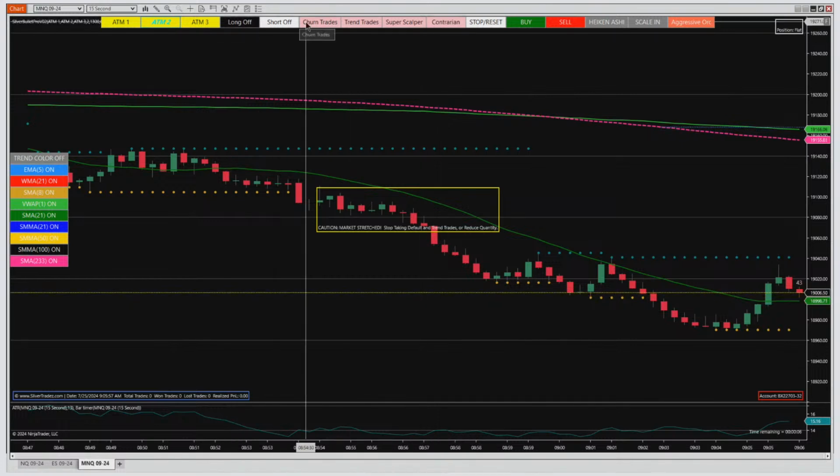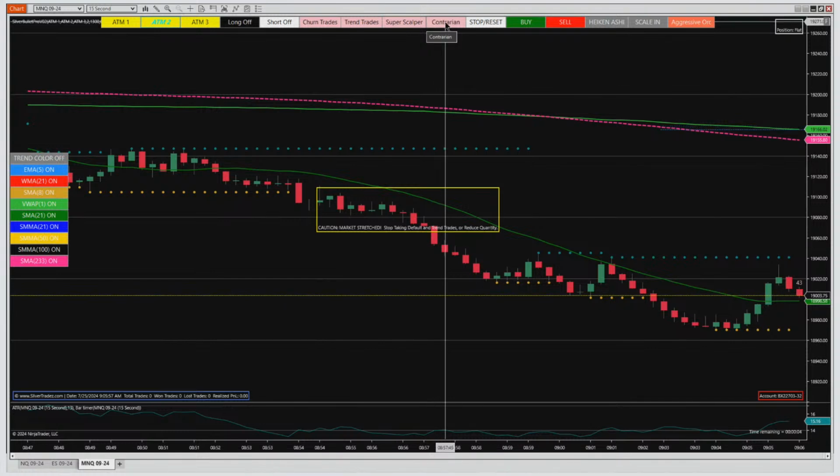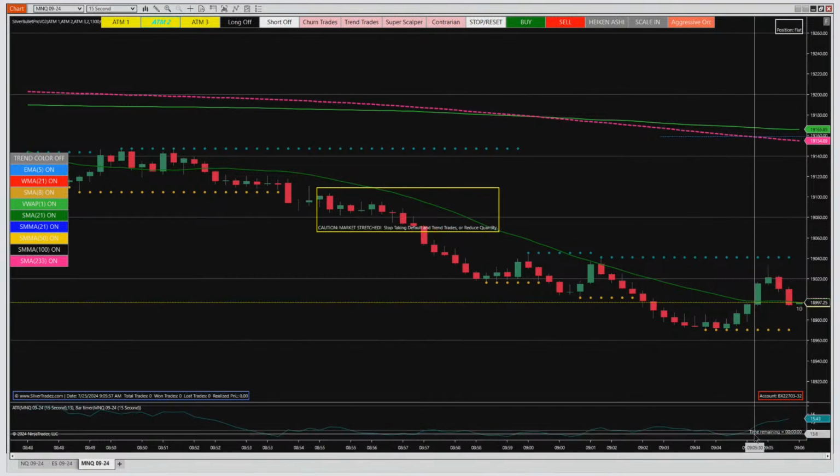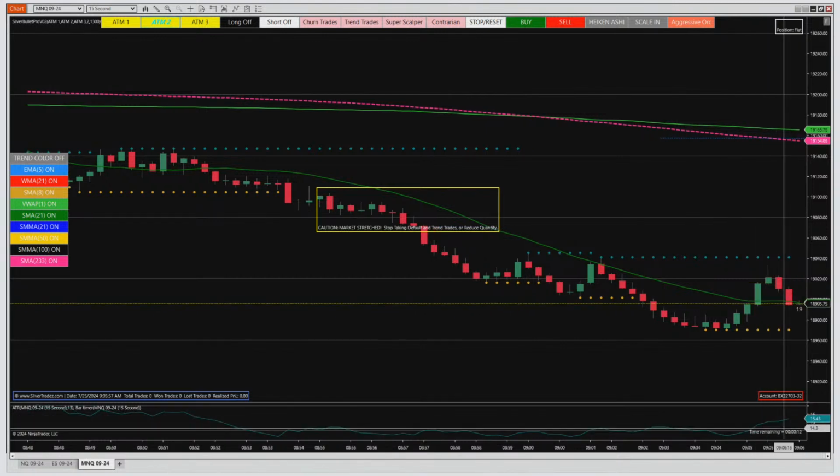Let me work with this one. Still 15. Its ATR is very, very high.